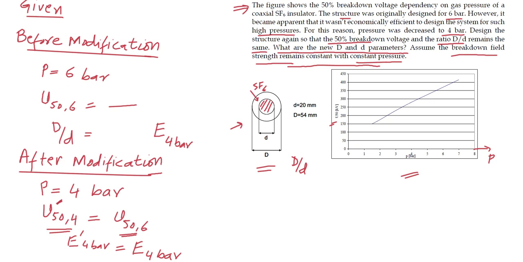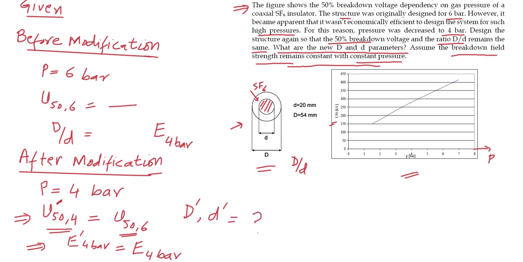Okay, so we have this information given, and we need to solve for the new values of capital D and small d, which we call capital D bar and small d bar. So we need to find these values.